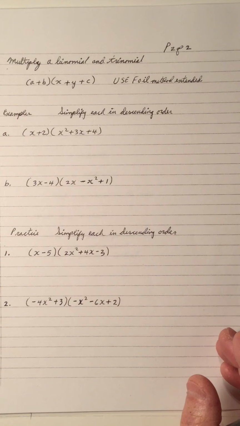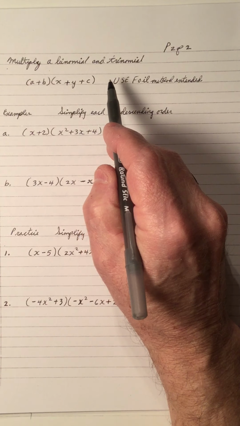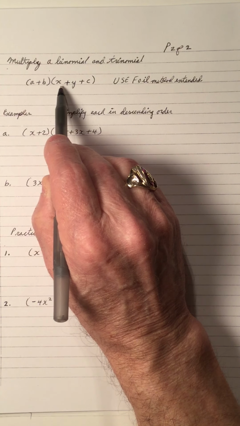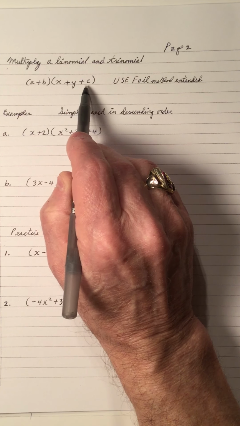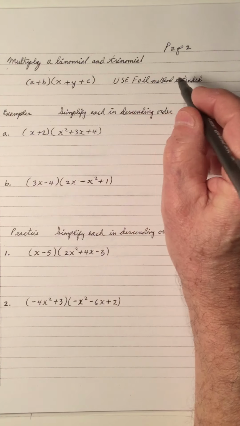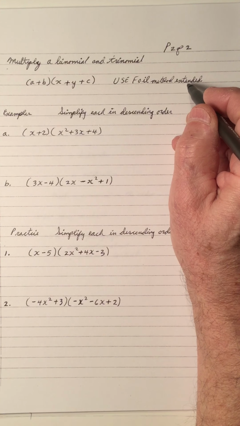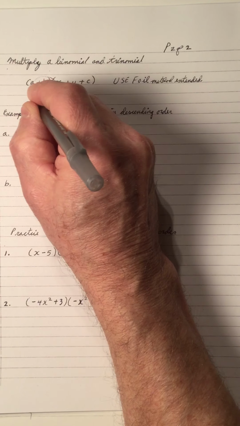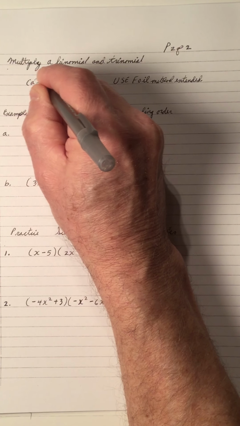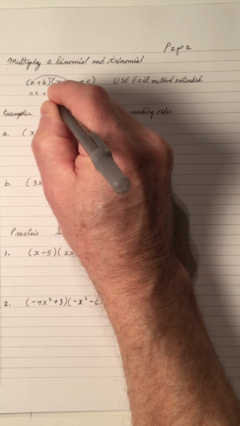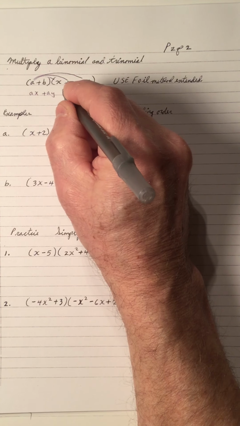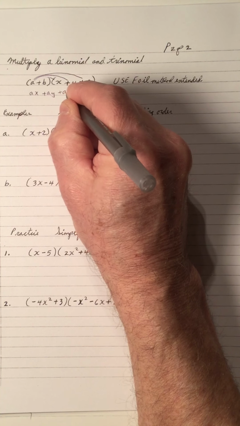So here I go. Multiplying a binomial by a trinomial. Notice I have a binomial a, b, and I have a trinomial x, y, and c. We're going to use the FOIL method, but it's the FOIL method extended. So what I'm going to do is multiply a by x, which is ax, and then a by y, which is ay, and then I'm going to multiply a by c, which is ac.